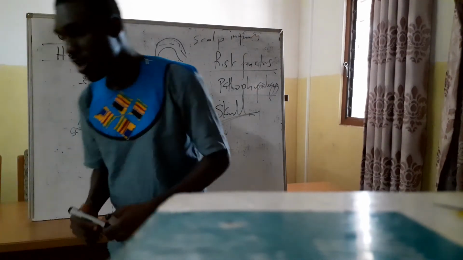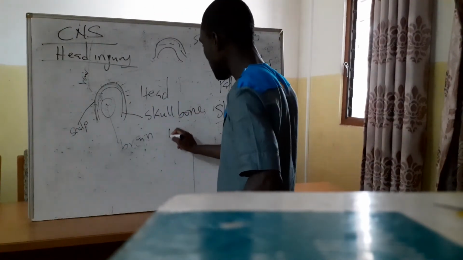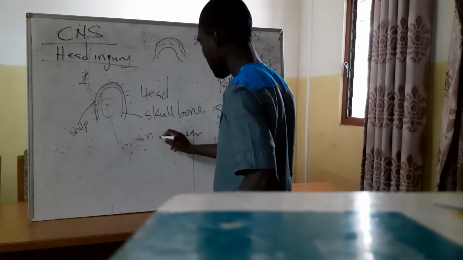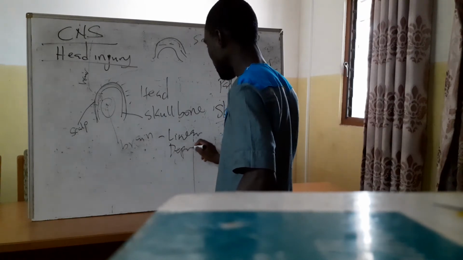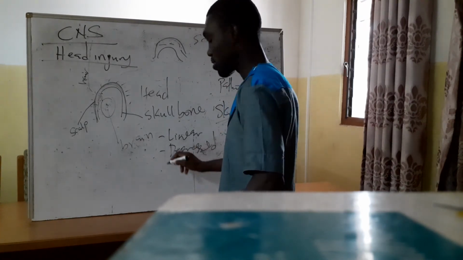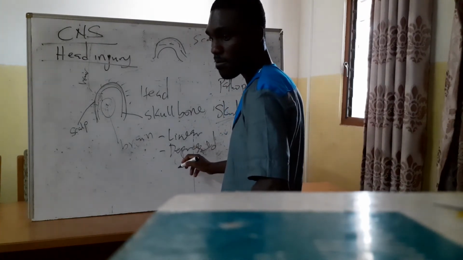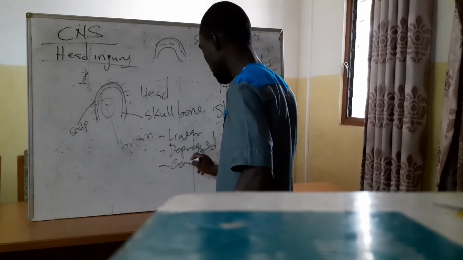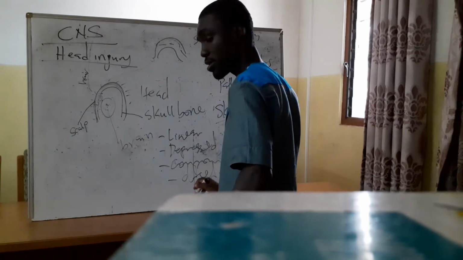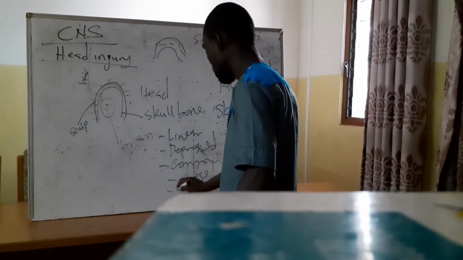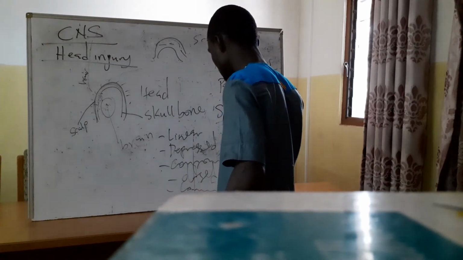So I'll go over again. You can have a linear skull fracture. You can have a depressed skull fracture. You can have a compound skull fracture or a closed skull fracture, and then comminuted skull fracture, right?